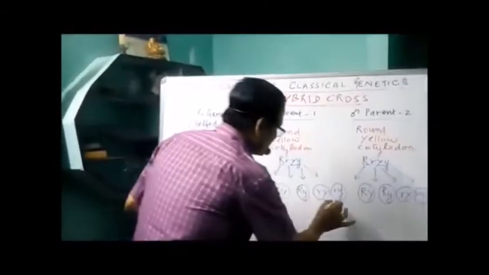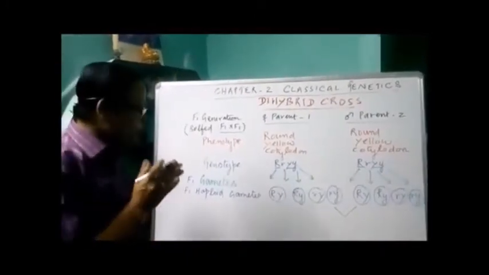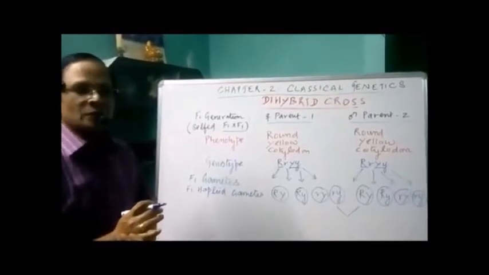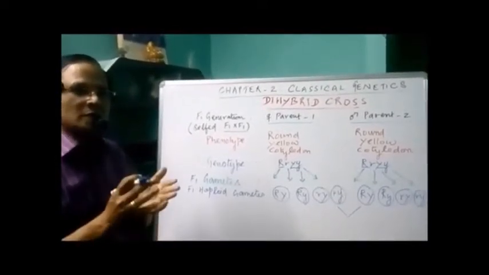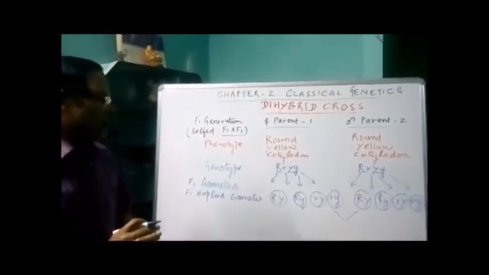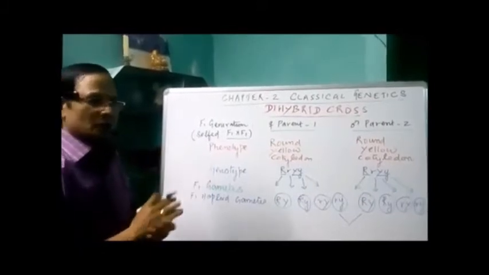For example, maybe like this or like this. So that we are getting zygotes with different genetic factors. So the gametes are genetically different. This is because of the random union, because of the independent assortment.